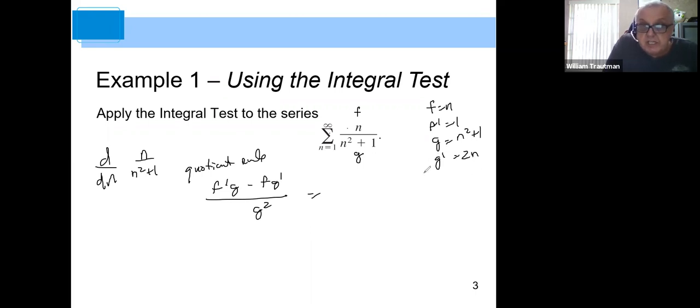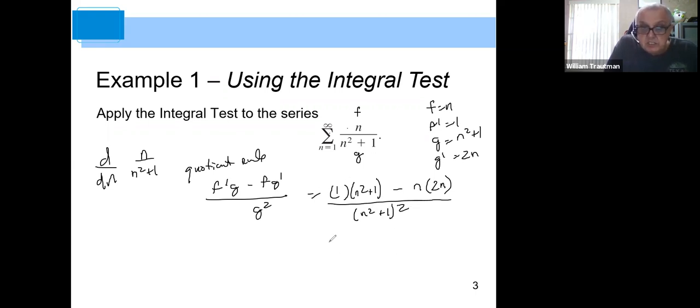So we're just going to plug that in. F prime is 1, G is n squared plus 1, F is n, and G prime is 2n, and all of this over G squared.